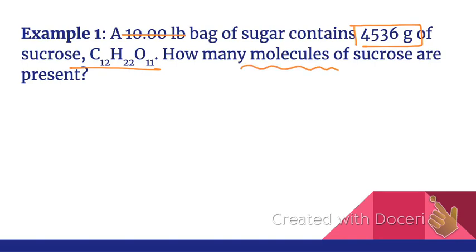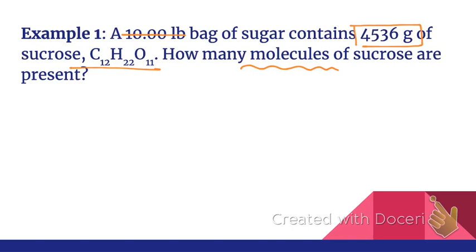With molecules, we need Avogadro's number, and when we have mass, we need molar mass. Different elements and compounds have different molar masses because their compositions differ. So we don't have a direct conversion from grams to molecules and vice versa.